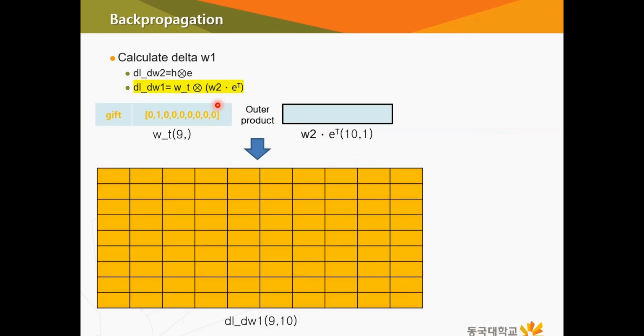And lastly, you calculate delta W1 by taking the outer product of the target word and the matrix we just calculated.